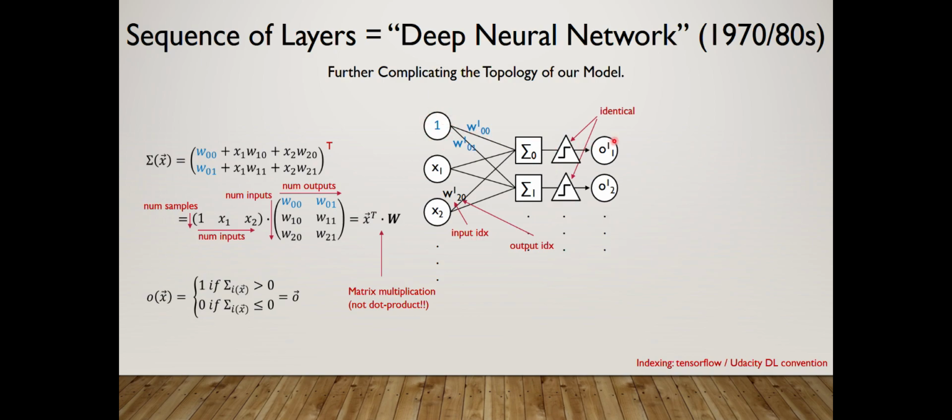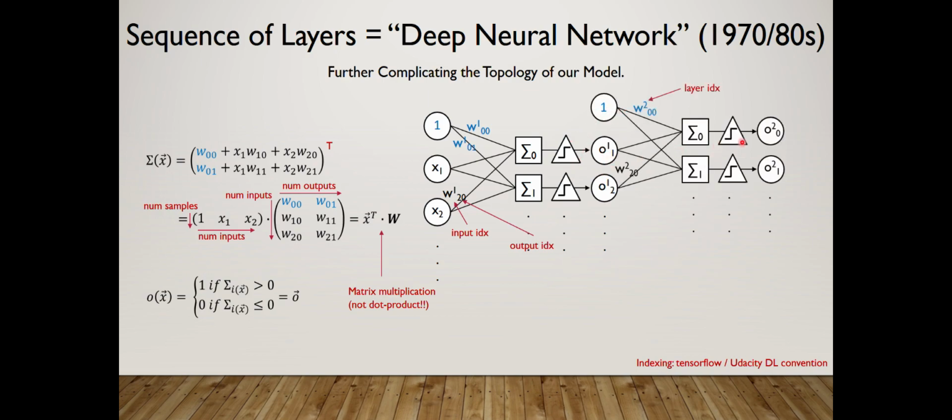I also tried to clear this up by using these circles here, and the circles always mean it's a number, which tells you that you can basically use these outputs here, which are also just numbers, as inputs to another layer. Okay, so this is now a 2-layer neural network, and this is where the term deep comes from, by the way, because we're going into the depth right now, right? And if you stack up not only 2, but like 10 or 15 layers like this, then you're going deep.